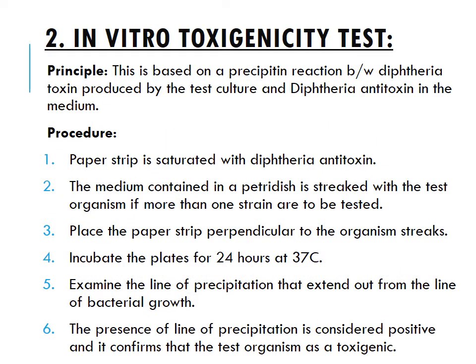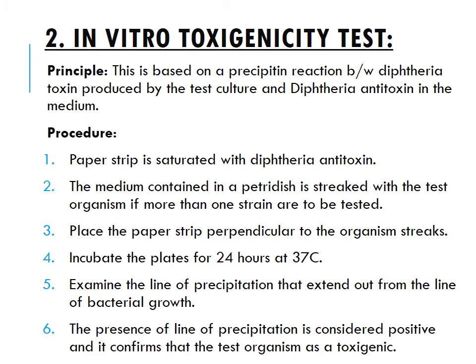In vitro toxigenicity test. First, we have to know the principle of the procedure. This is based on a precipitation reaction between diphtheria toxin produced by the test culture and diphtheria antitoxin in the medium. Procedure: a paper strip is saturated with diphtheria antitoxin. The medium contained in a petri dish is streaked with the test organism; if more than one strain is to be tested, place the paper strip perpendicular to the organism streaks.